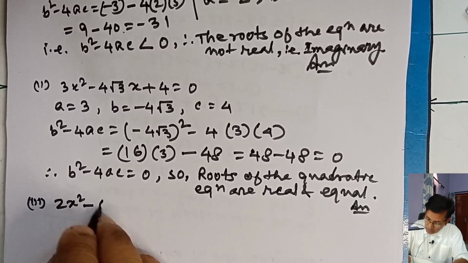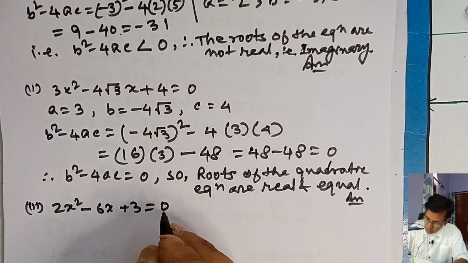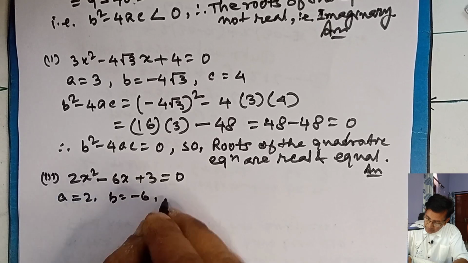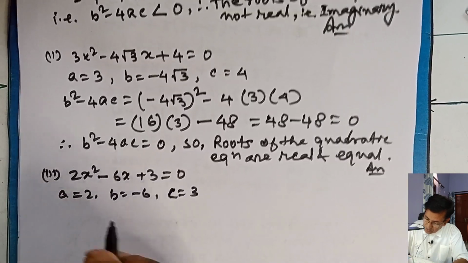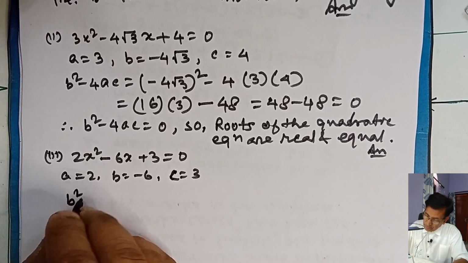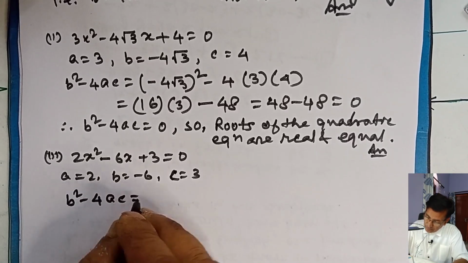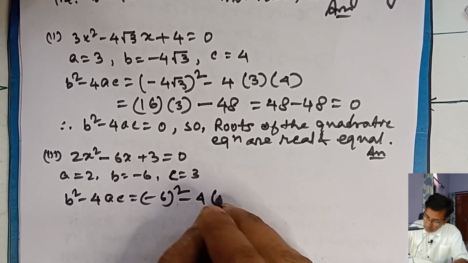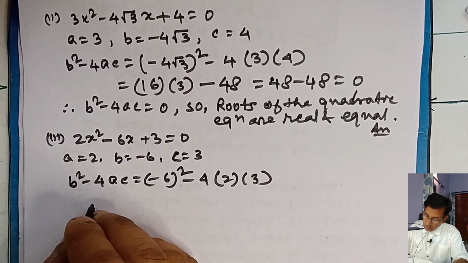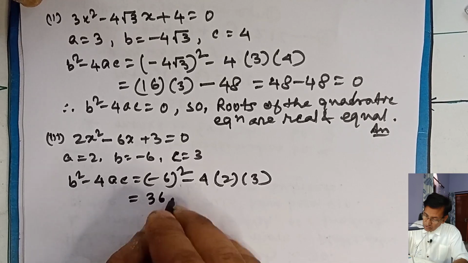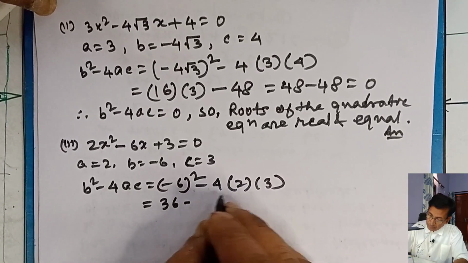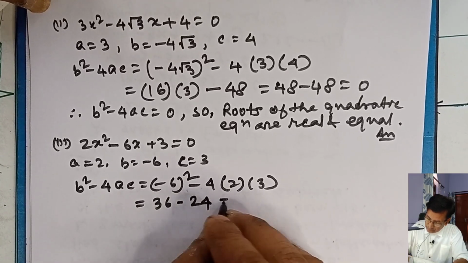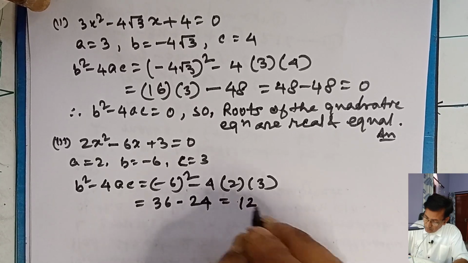Number 3 sum is 2x square minus 6x plus 3 is equal to 0. Here a is equal to 2, b is equal to minus 6, c is equal to 3. So discriminant b square minus 4ac is equal to minus 6 whole square minus 4 into 2 into 3, is equal to 36 minus 24, is equal to 12.